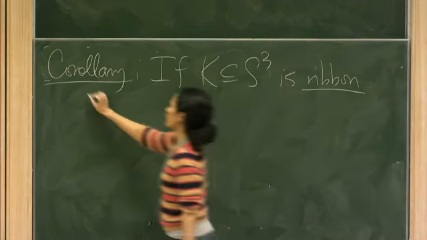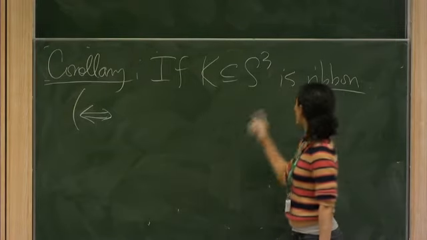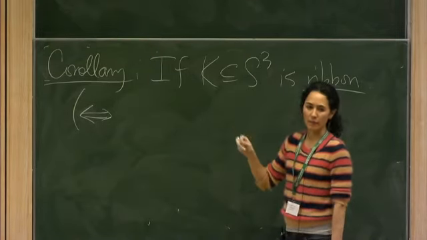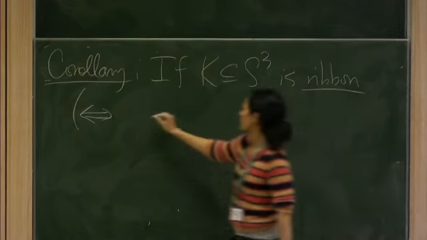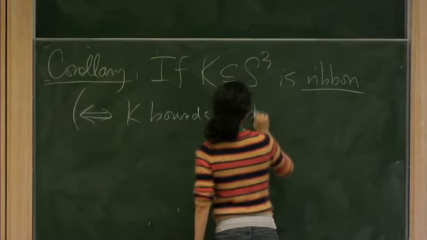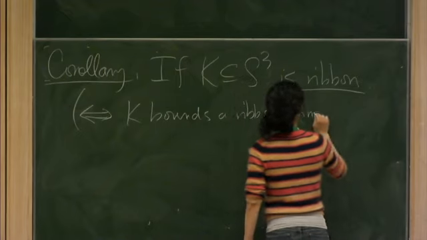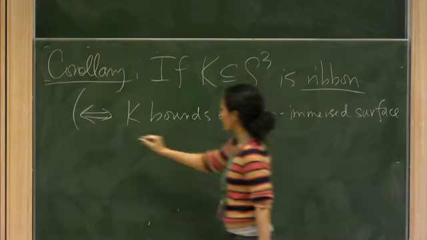It turns out, with a little bit of thought, that being ribbon is the same thing as bounding a ribbon immersed surface in S3. So K bounds a ribbon immersed surface in S3.